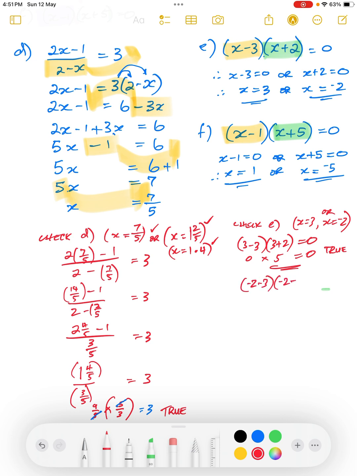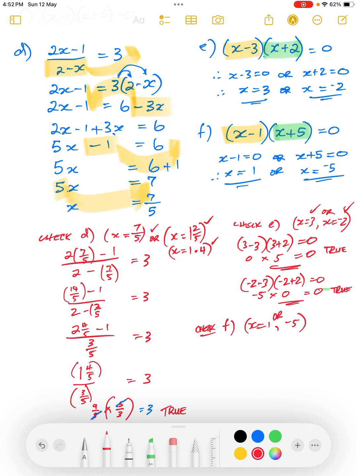We've got -2 plus 2. Does that equal 0? Well, -5 times 0 does in fact equal 0. That's true. So yes, we've got the correct solutions, 3 or -2. Can't be both. Has to be one or the other, because x cannot be 3 and -2 at the same time.